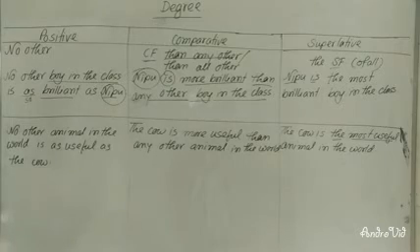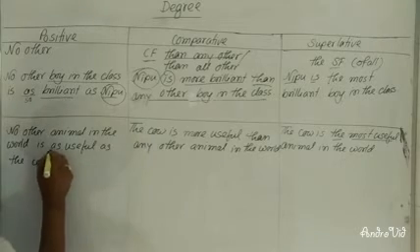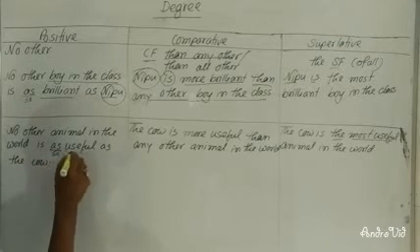No other animal in the world is as useful as the cow. You can use here as, so, then so positive form.